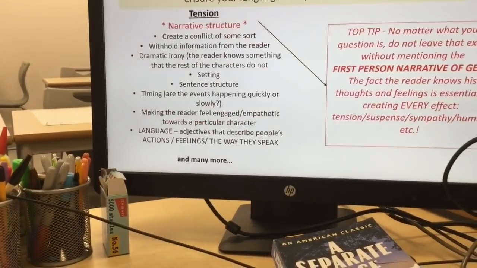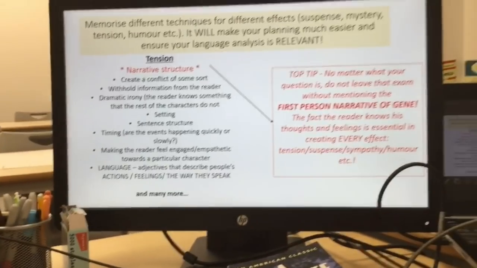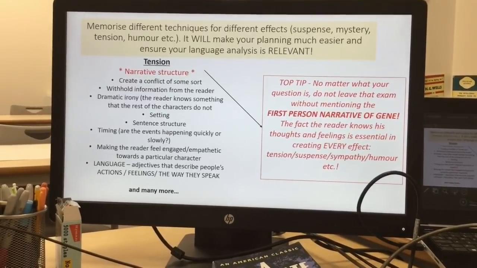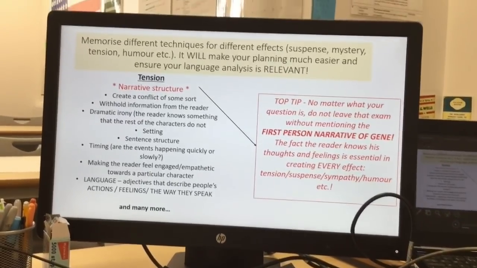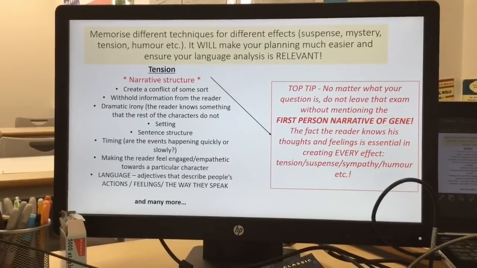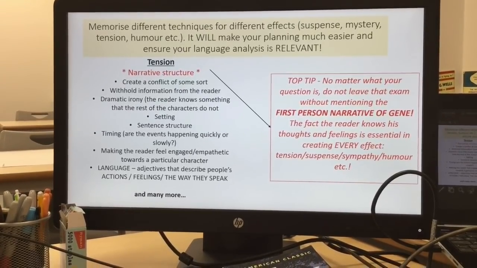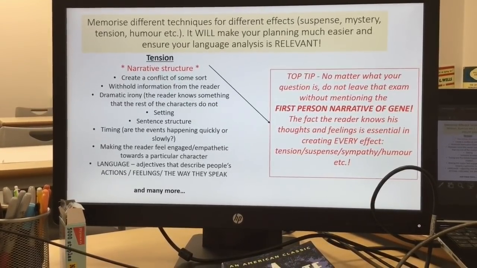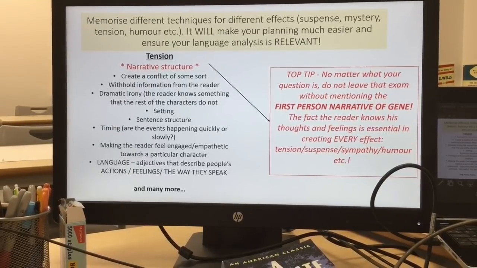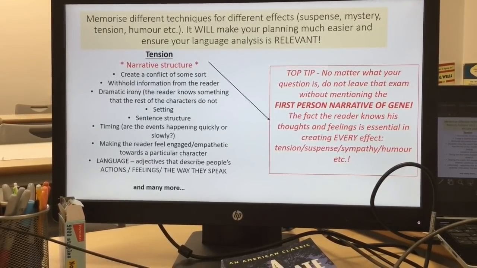So, as I said to you in January, a top tip will be that you really know the techniques that your writer uses in the whole novel. So, for example, if you had tension come up in your exam, you know that you can talk straight away about narrative structure.